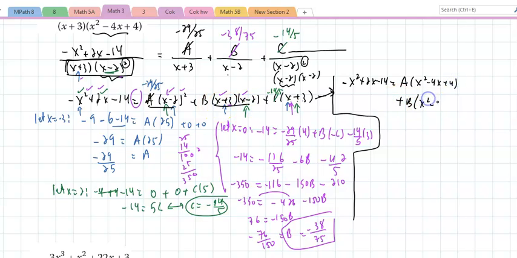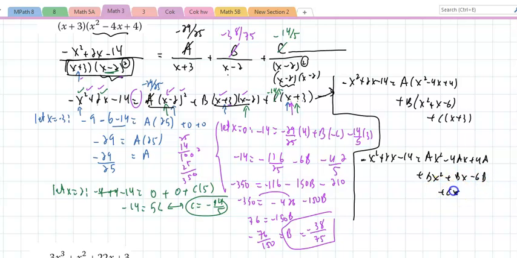Isn't that x squared plus x minus 6 plus c times x plus 3? They say if we get rid of all the parentheses, you're looking at negative x squared plus 2x minus 14 equaling ax squared minus 4ax plus 4a plus bx squared plus bx minus 6b plus cx plus 3c.